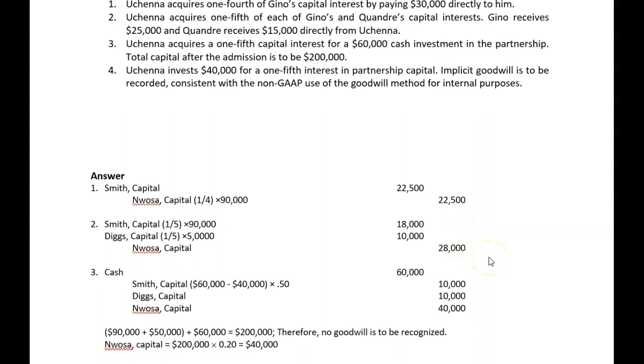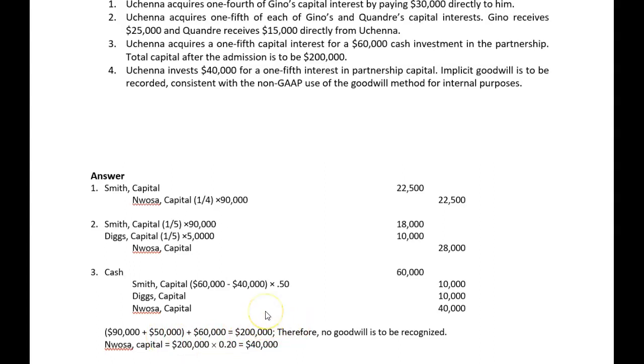Right, in the third one, he's paying $60,000 to the partnership, and 60,000 added to the 90 for Smith and the 50,000 for Diggs gives you an overall value of 200,000.